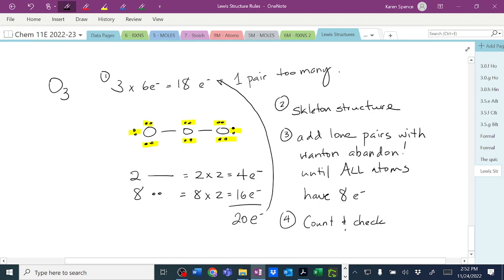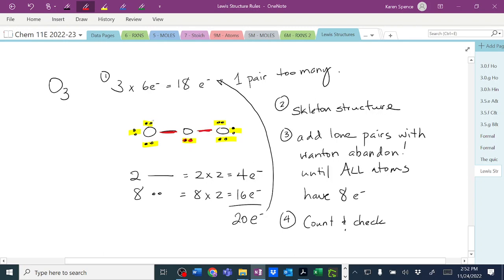So how many pairs will we erase from our structure? We will erase 1 pair. So if I was to erase this one, from which atom do we erase it? The central one. So here it goes, bye-bye. And now we need to help out the central oxygen, because right now it only has 2, 4, 6. Who can help oxygen out?